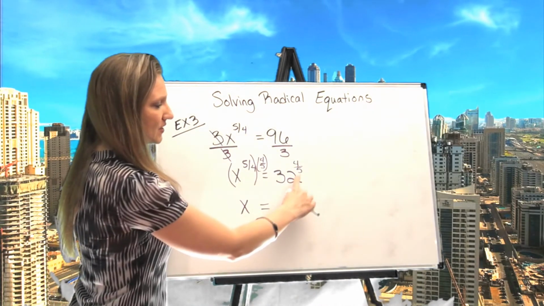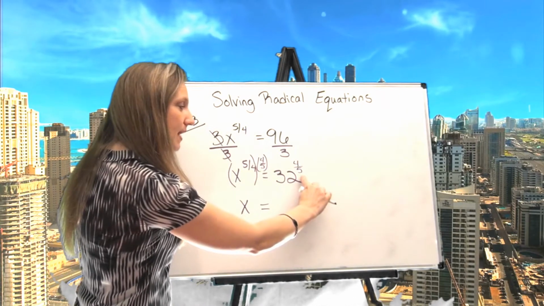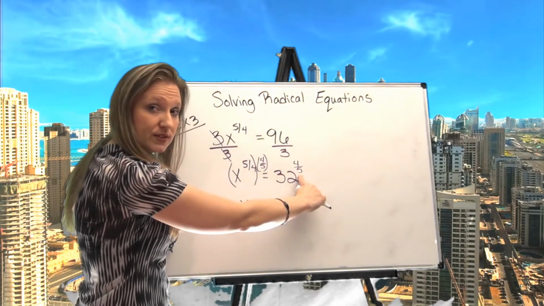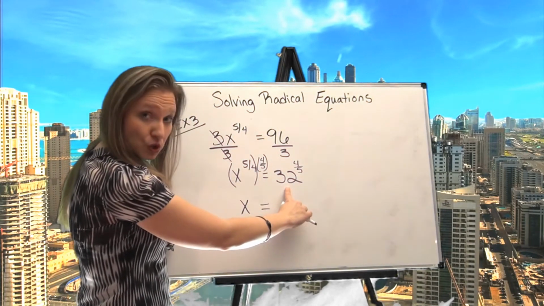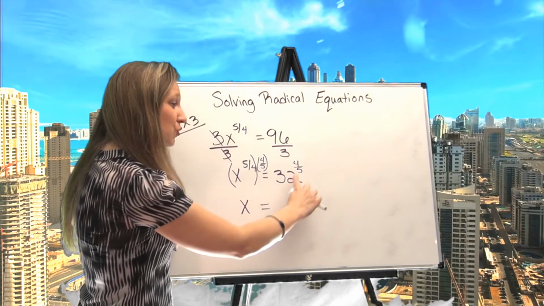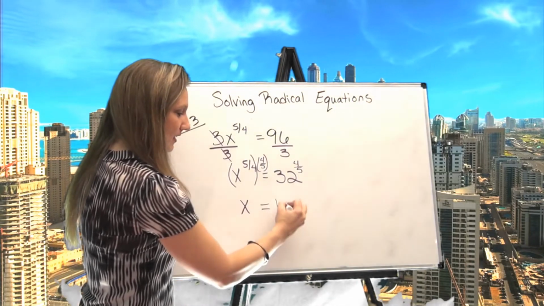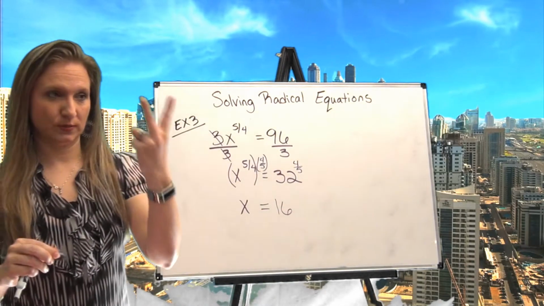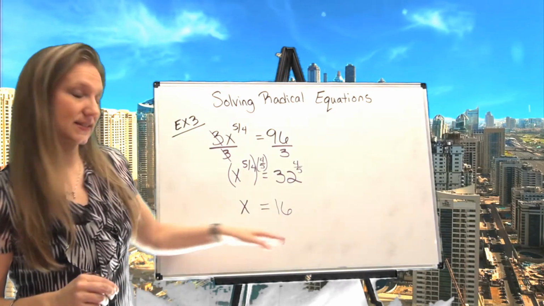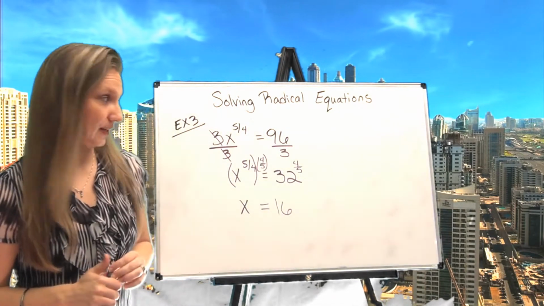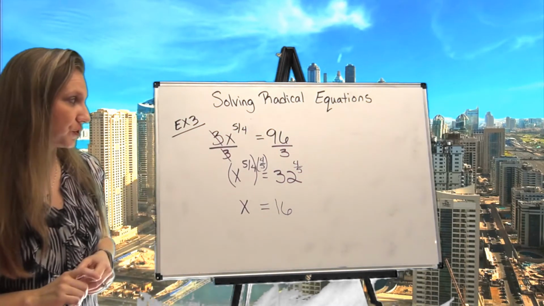Now, you're welcome to type this into your calculator, but if we think about how we do this in our head, we're taking the 5th root, remember the root is the denominator, the 5th root of 32 is 2, and then 2 to the 4th power is 16. 2 times 2 is 4. 4 times 4 is 16. So x is 16. And you, of course, could plug it in for x and check your answer as well.